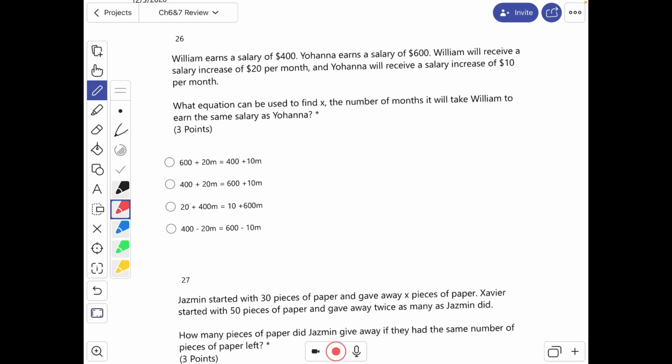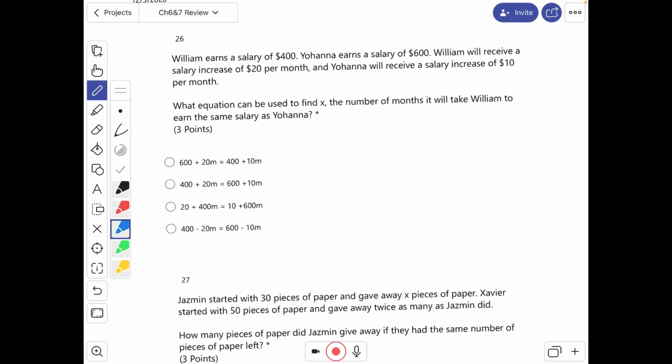26. William earns a salary of $400. Johanna earns a salary of $600. William will receive a salary increase of $20 per month, and Johanna will receive a salary increase of $10 per month. What equation can be used to find X, the number of months it will take William to earn the same salary as Johanna?